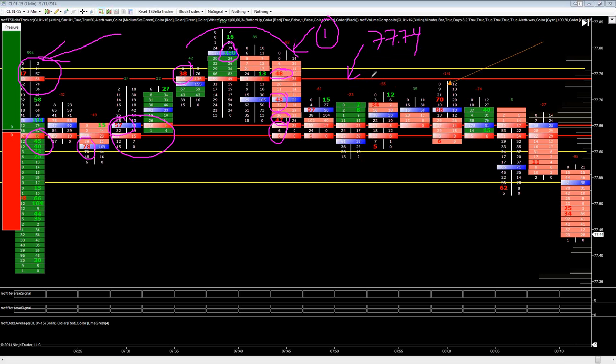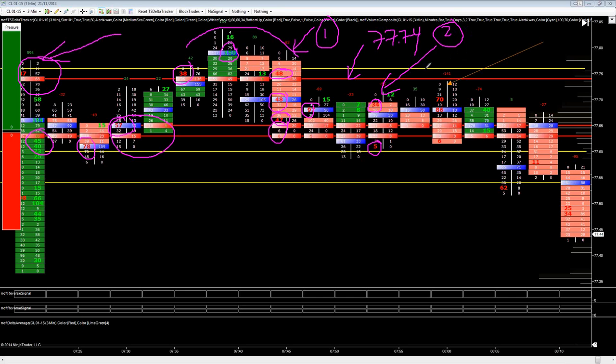The other part of the checklist: imbalance. Do I have imbalance in my favor? Yes, I do. I've started to see aggressive sellers coming in the market. 48, 48, 47, 97, 34, 5. I put my order in, I believe, on this candle here. We'll call that candle number 2.